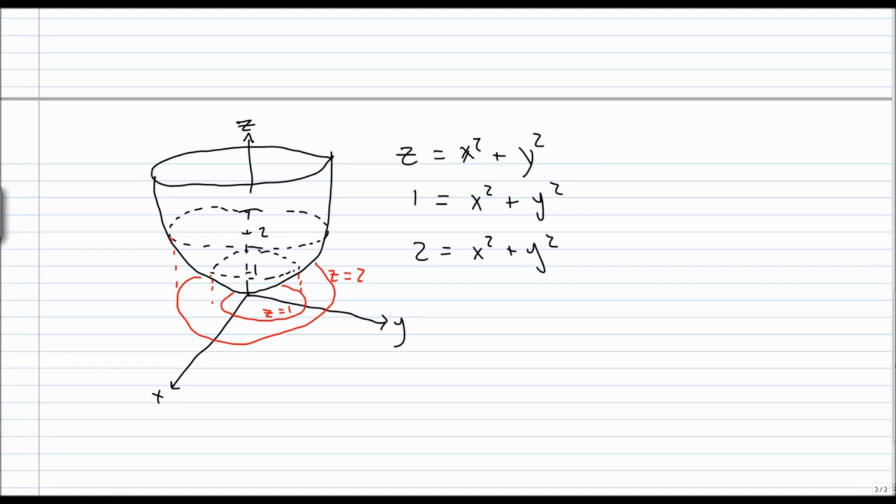One thing that I'm going to tell you right now, but I'll actually prove in the next video or so, is that if you were to take the gradient of this function, say right here when z equals 2 and x and y equal their corresponding values, and then plot that gradient vector on the level curve where z equals 2, you would see that the gradient vector is actually perpendicular to the level curve.